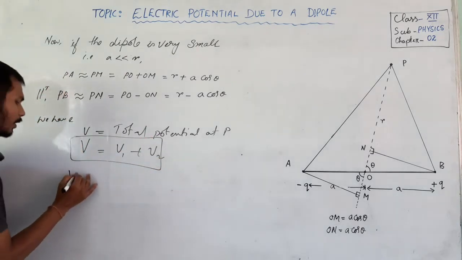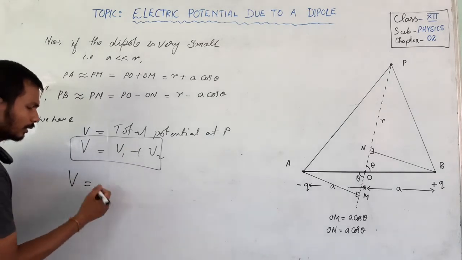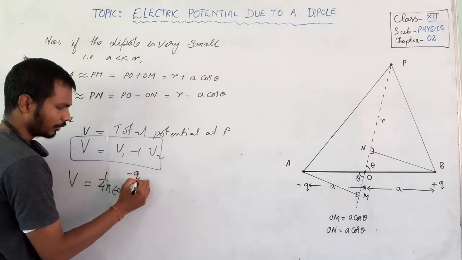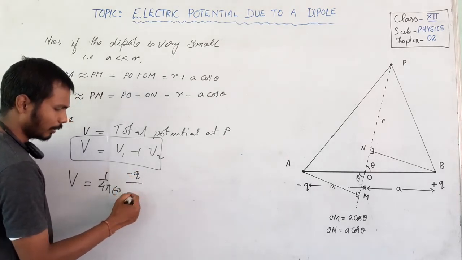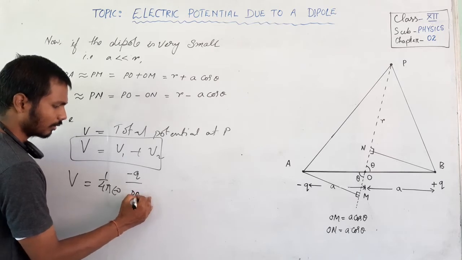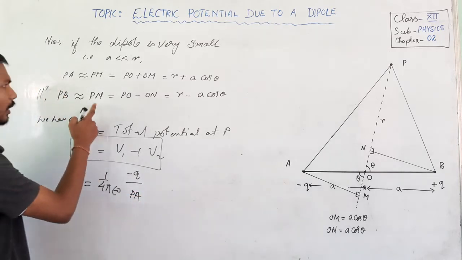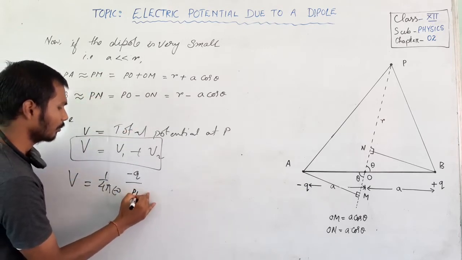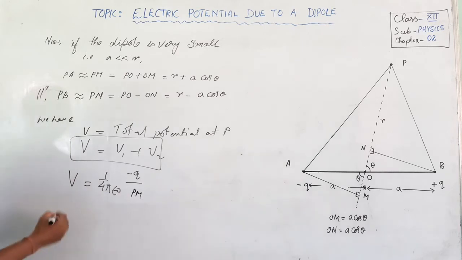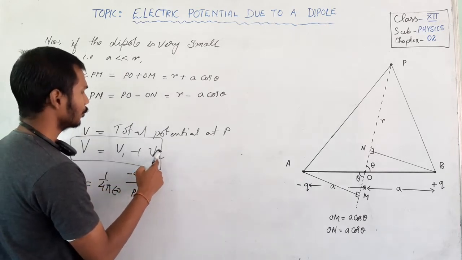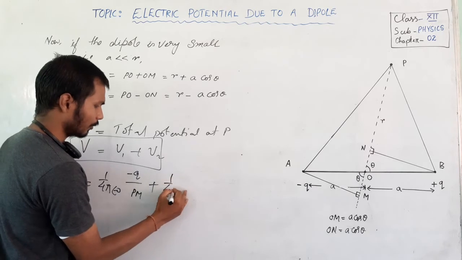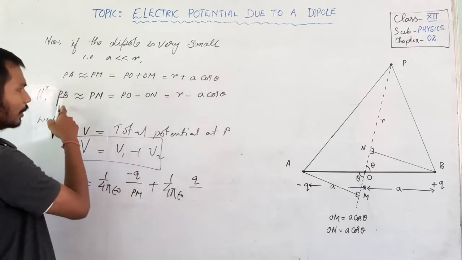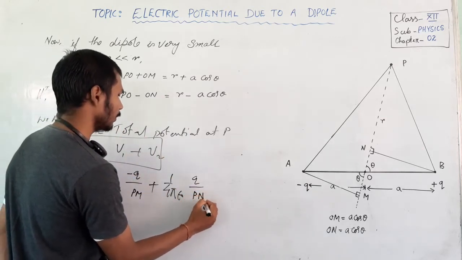So what is the value of V1? V1 is 1 by 4 pi epsilon naught minus q by PA. Now what is the value of PA? PA is similar to PM, so we can write PM. Plus V2. What is the value of V2? 1 by 4 pi epsilon naught Q by PB. So we can write in place of PB, PM.